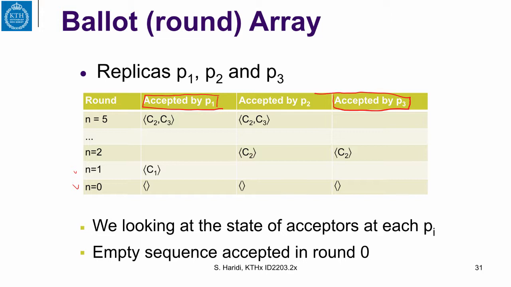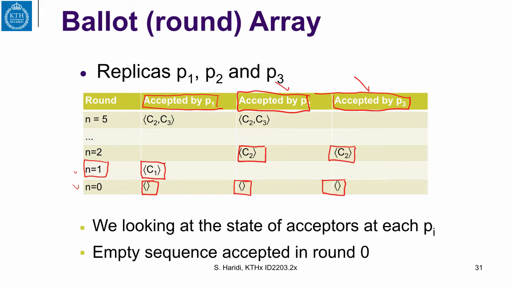Initially, all acceptors have accepted the empty sequence that is at round 0. At round 1, one acceptor has accepted a sequence consisting of C1. But at round 2, acceptors P2 and P3 have accepted the sequence C2.